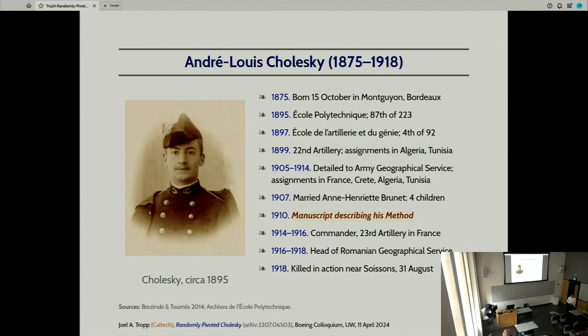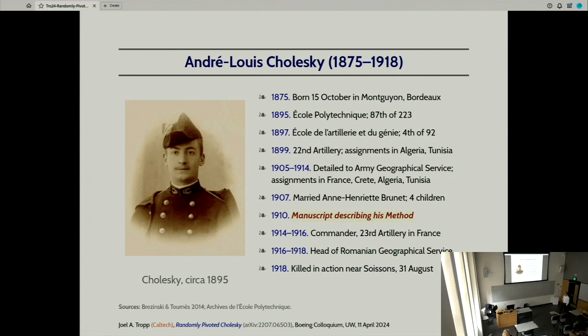So Cholesky spent his entire career as a surveyor. He was interested in taking measurements and making maps. He was detailed to the Army Geographical Service in 1905 with assignments including the triangulation of France, maps of Crete, Algeria, and Tunisia.